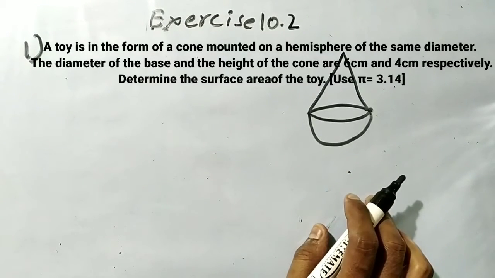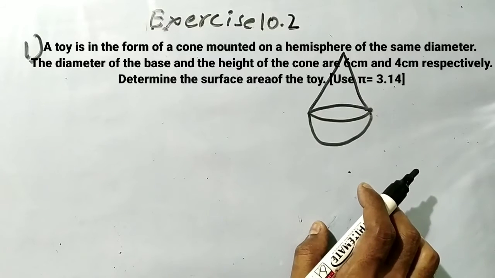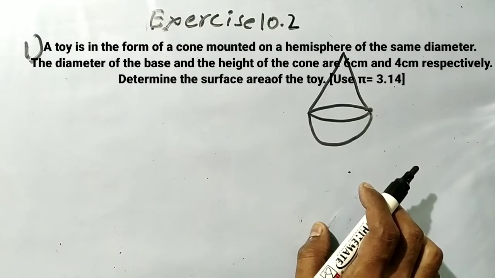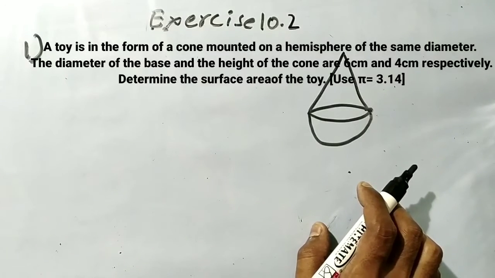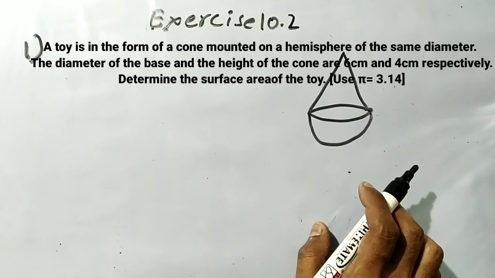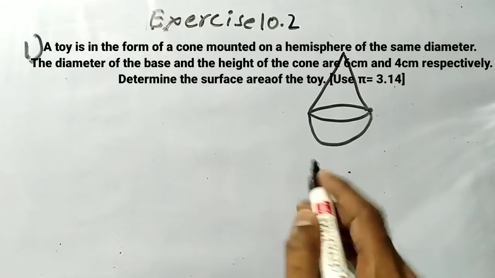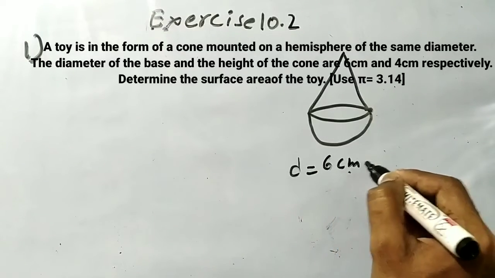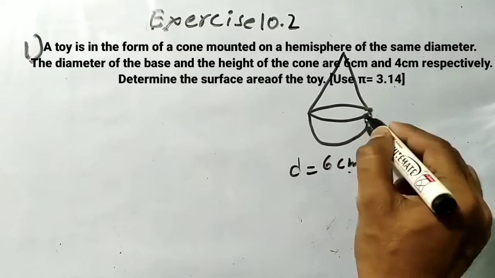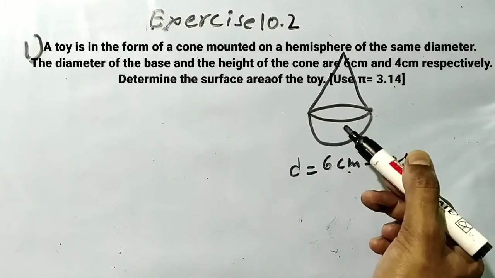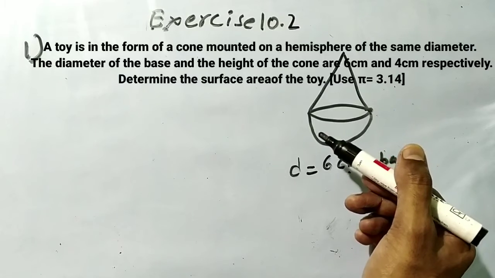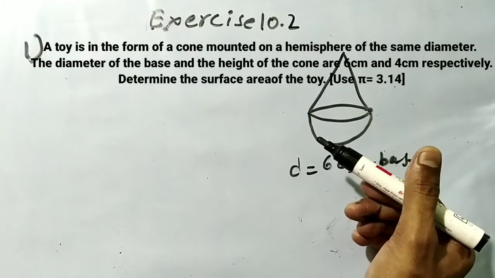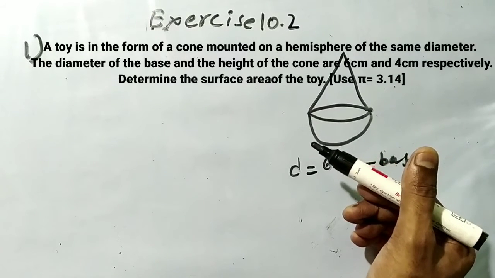So here they have given a toy in the form of a cone mounted on a hemisphere. The diameter of the base and the height of the cone are 6 centimeters and 4 centimeters. Here they have given D is equal to 6 centimeters, that is the base here. Because the cone base and hemisphere base are the same, they attach together and combine exactly.